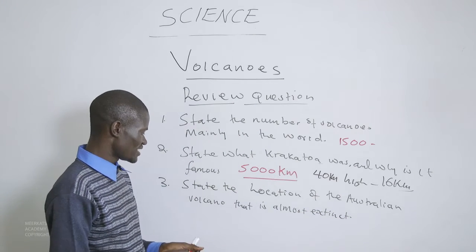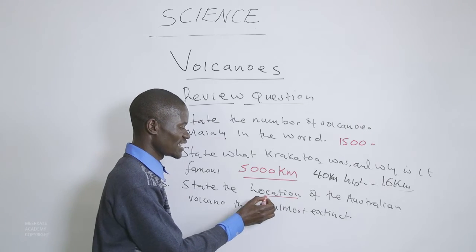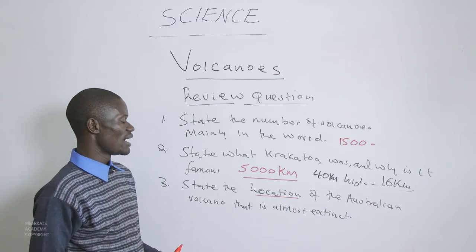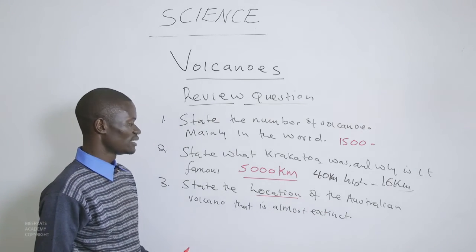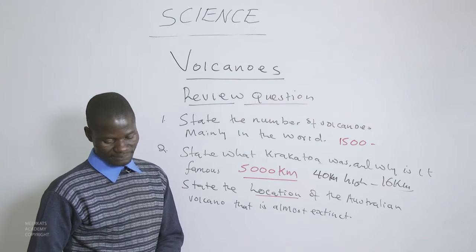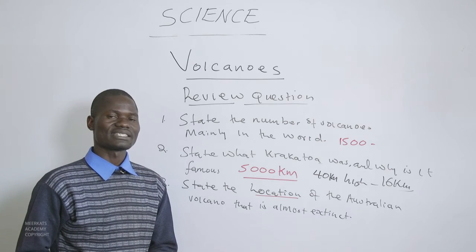Where is it located? In fact, the question wants us to find the location of a volcano in Australia that is almost extinct. The location is found in the south of Australia.